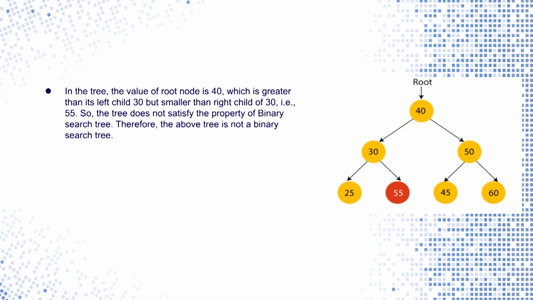So, the tree does not satisfy the property of binary search tree. Therefore, the above tree is not a binary search tree. As per this case, we have to put all the smaller items at the left hand side of the root node, as well as we fix all the greater items at the right subtree of the root node.